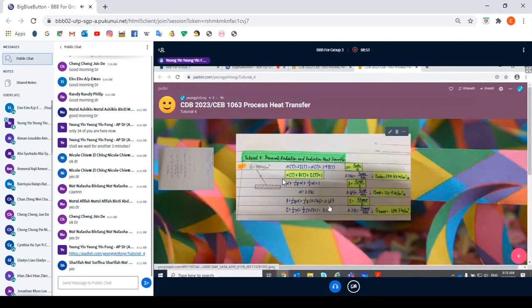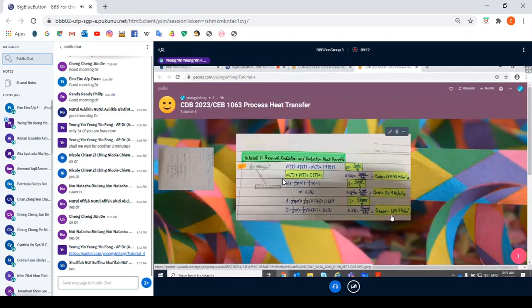Then 0.187 for the reflectivity, and the absorptivity 0.542. So the energy absorbed 379, correct? Energy reflected 130, correct? And the transmitted energy is 189.7, correct?